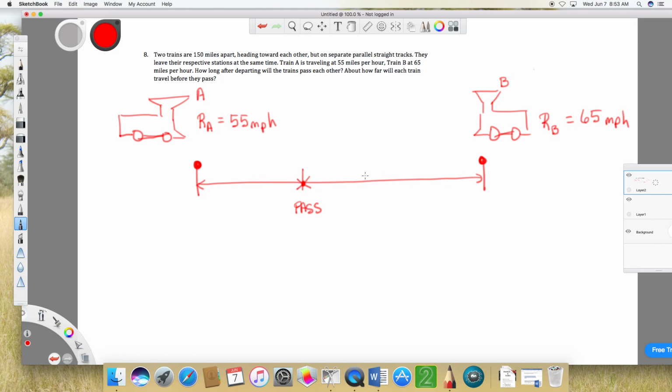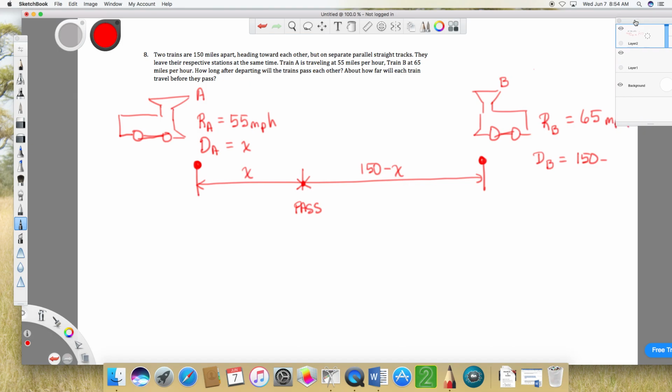So let's let the distance of Train A be x. Then the other train has to make up the rest of the 150 miles, so the distance that B travels is the remaining part of the 150-mile trek.